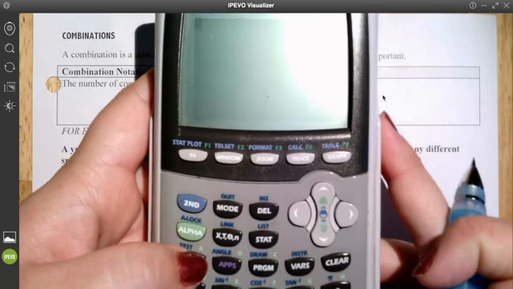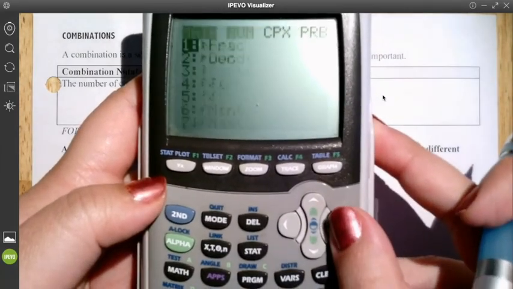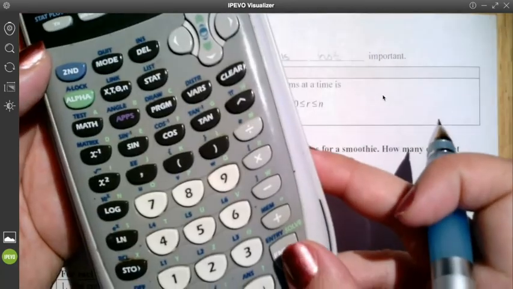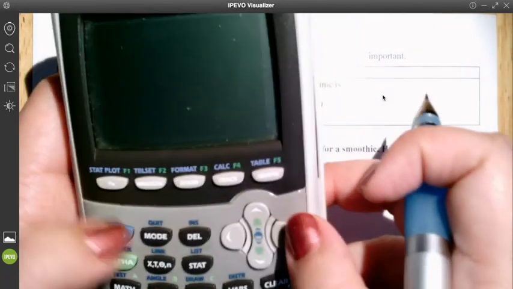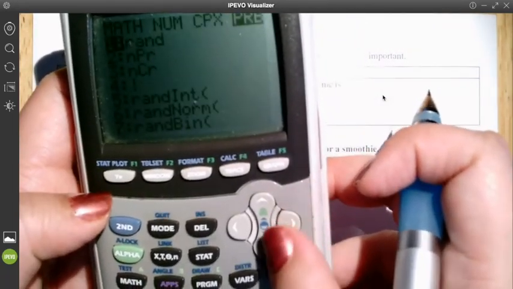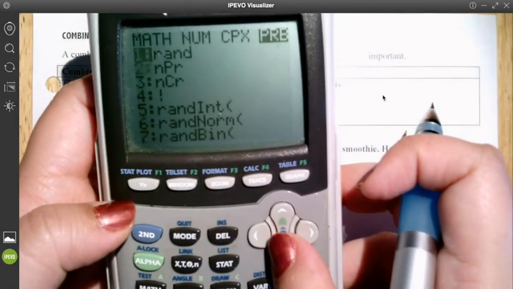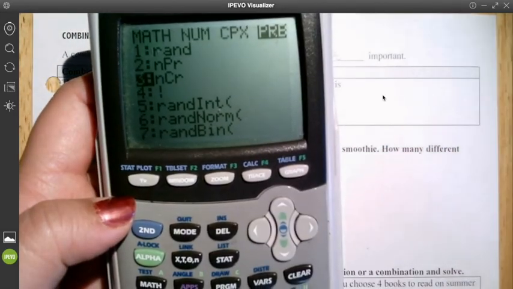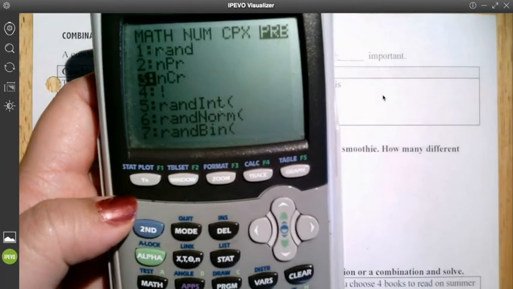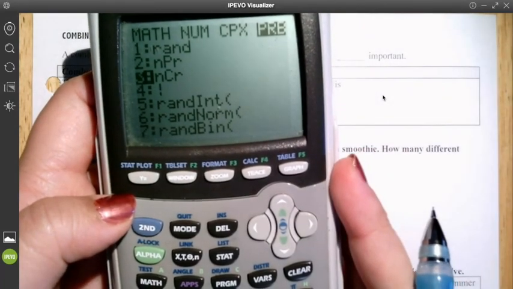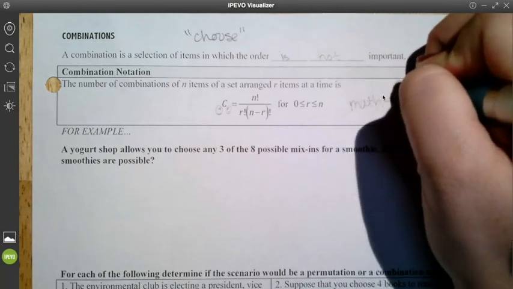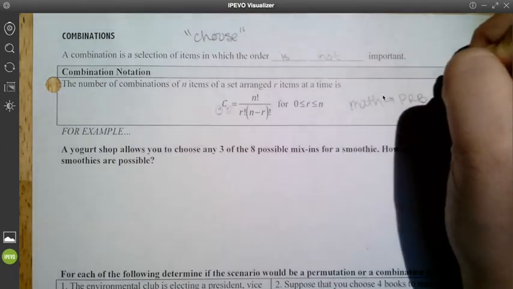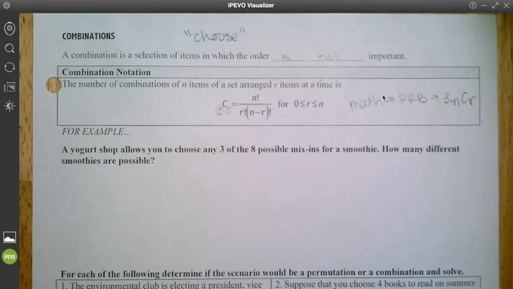So we're going math, over to probability, down to combination or choose, enter. So this is math, probability, 3 is for NCR.